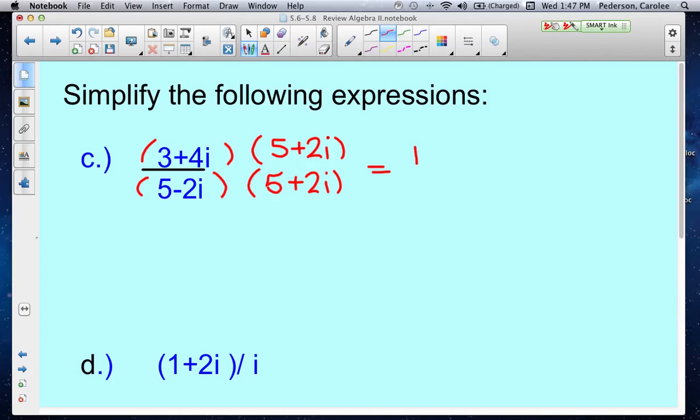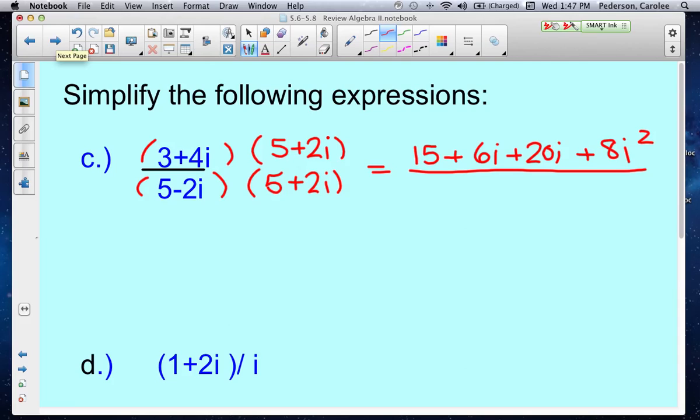So we get 15, 6i, 20i, 8i squared. Then you do the denominator. What's the shortcut on the denominator? Just the first and last, because with complex conjugates, the middle terms cancel out.